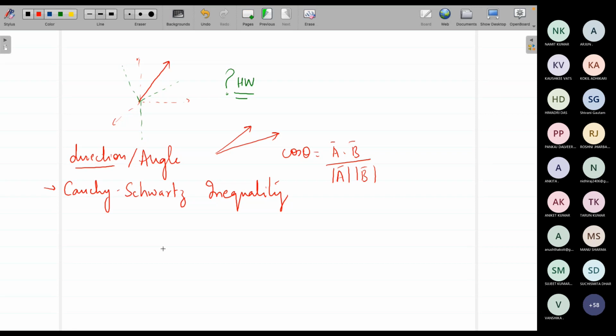Do we require this inequality while solving the light cone problems too? See, it depends on what kind of light cone problems you are talking about. If you are talking about the special theory of relativity, then where you are going to go is what we generally call the Minkowski space, or some similar space for the four vectors.